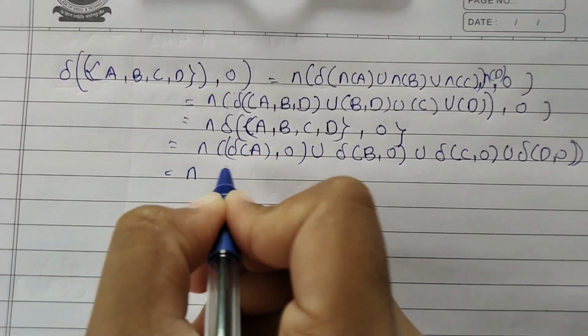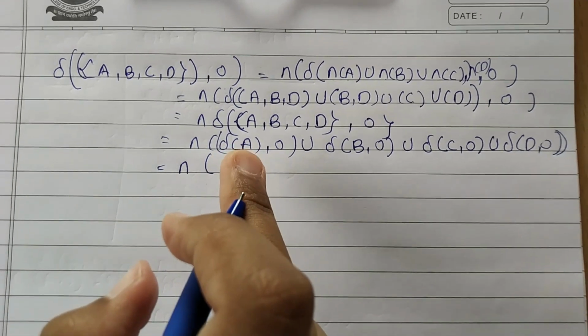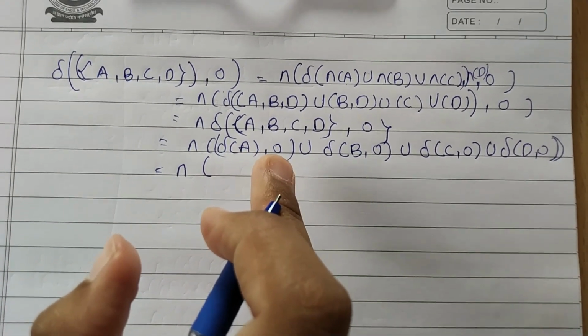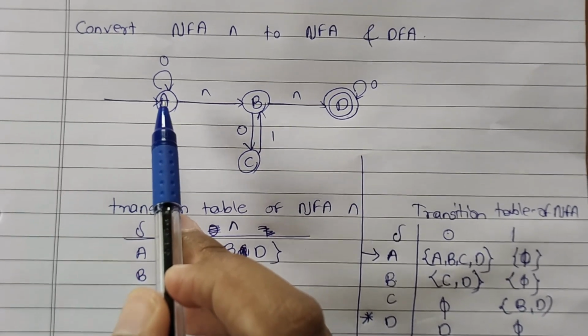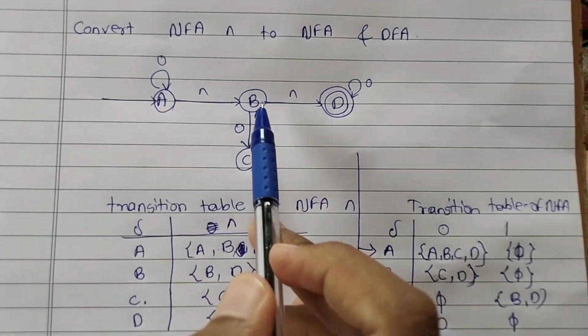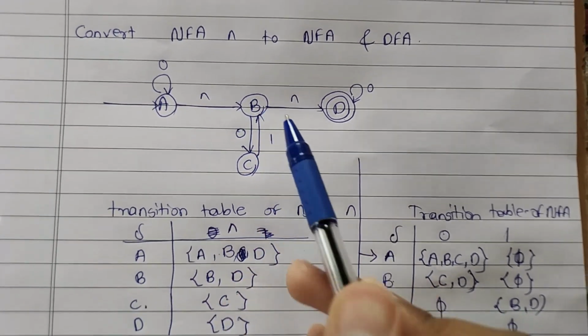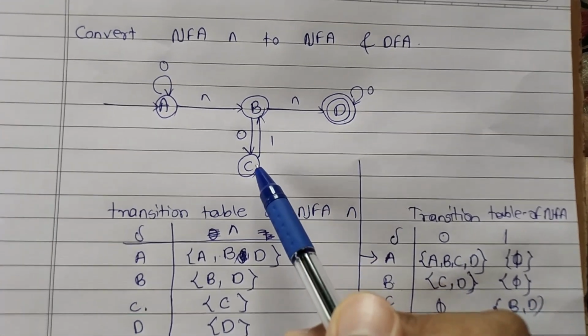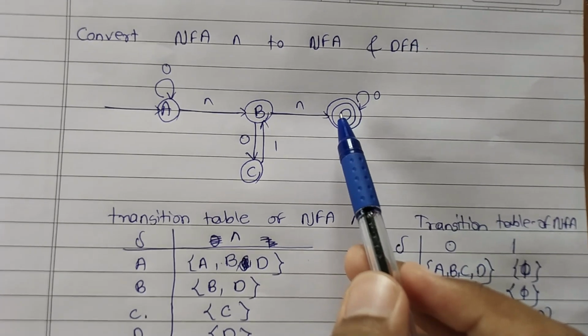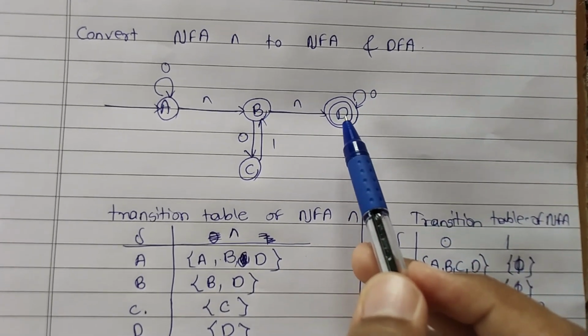Now we see delta A comma 0. Transition of 0 in A is A itself. Now B on 0 goes to C, C on 0 is null, and D on 0 is D itself.